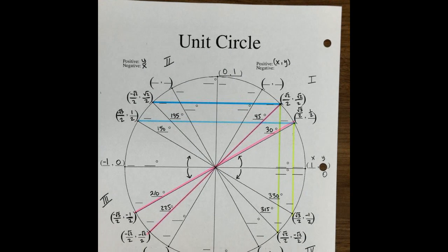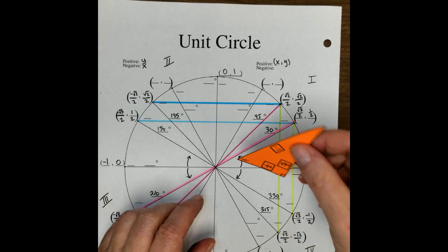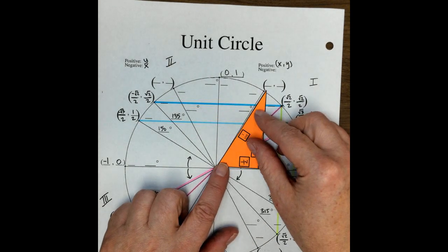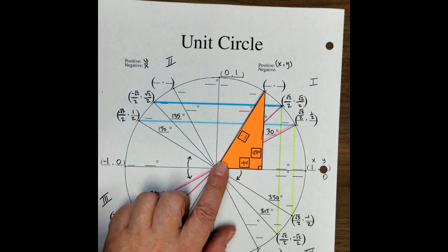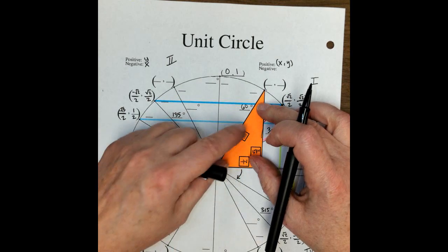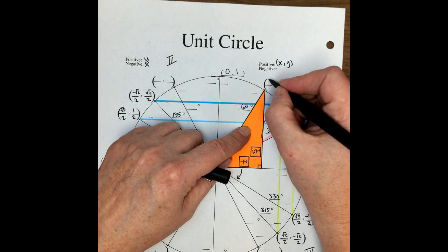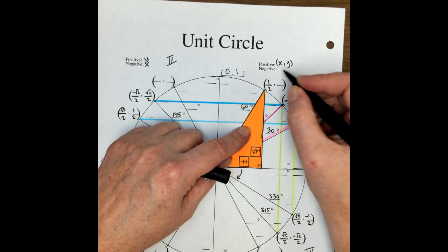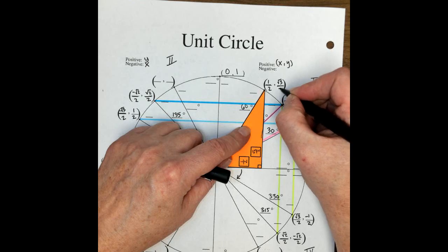And then last but not least, we're going to use our 60 degrees here. So with my 60 degrees, this guy is 60 degrees. So now I'm over 1/2 and up square root of 3 over 2.